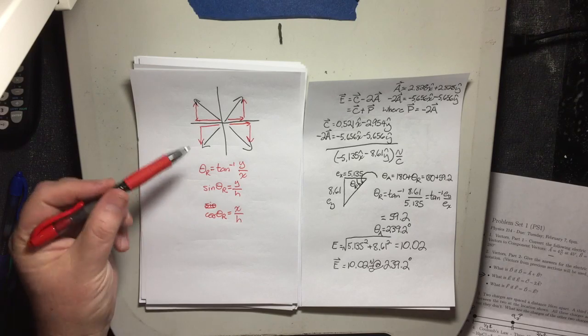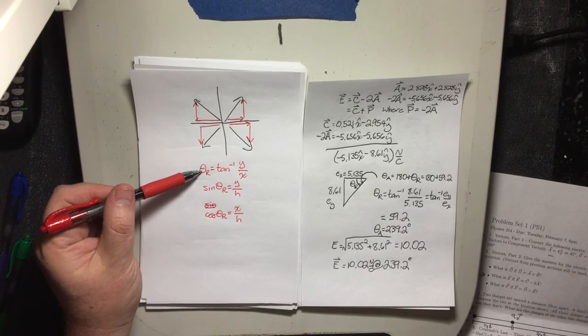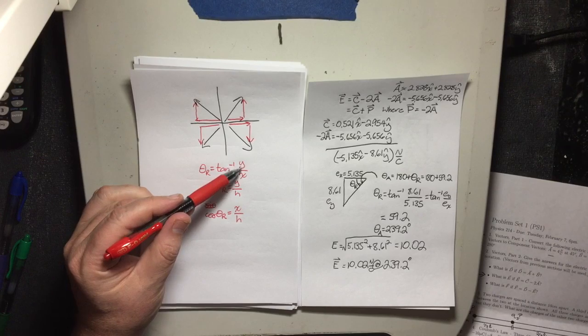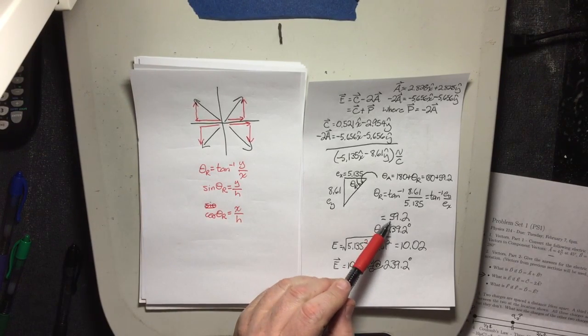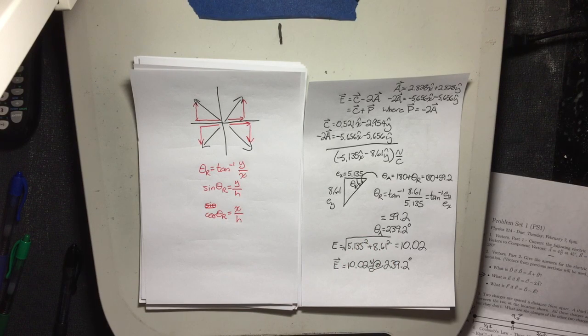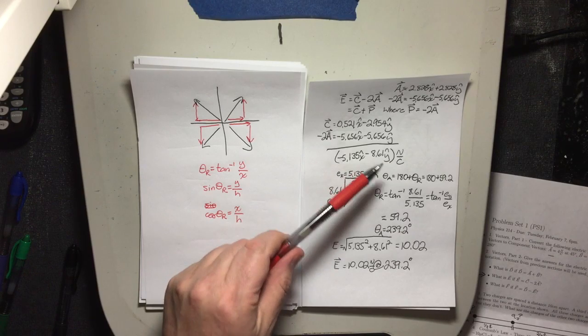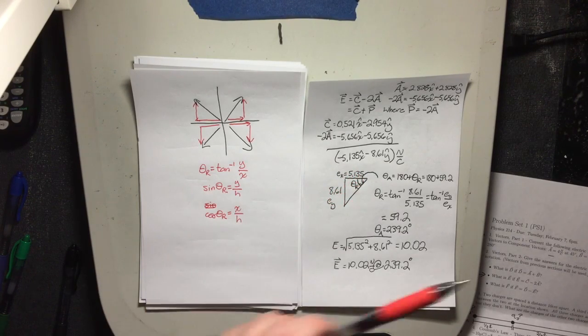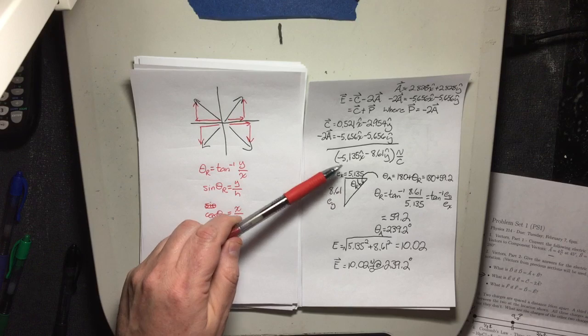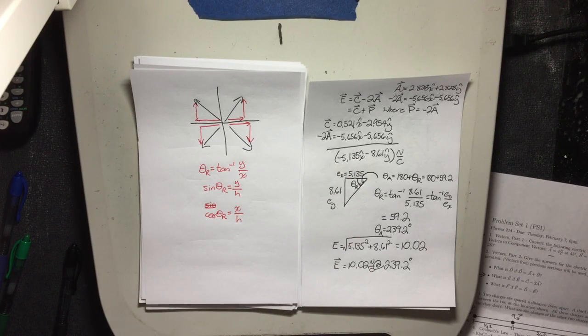And then what I do is I go, well, theta r is inverse tan of y over x, which gives me 59.2. But I know it's a third quadrant angle. Why? Negative, negative. If it was positive, positive, first. If it was negative, positive, second. If it was positive, negative, fourth.